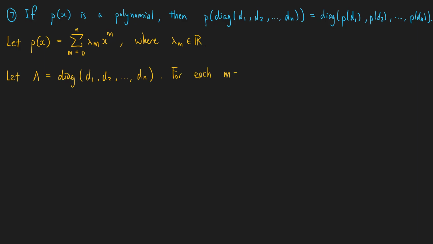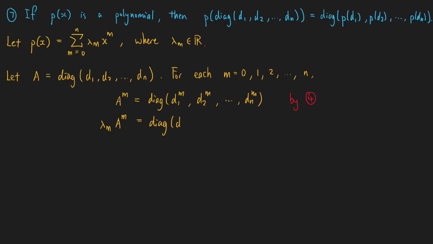For each m equals 0, 1, 2 up to n, A to the m equals the diagonal matrix d1 to the m, d2 to the m up to dn to the m, by the fourth property. So, lambda m times A to the m equals the diagonal matrix lambda m times d1 to the m, lambda m times d2 to the m, up to lambda m times dn to the m, by the second property.